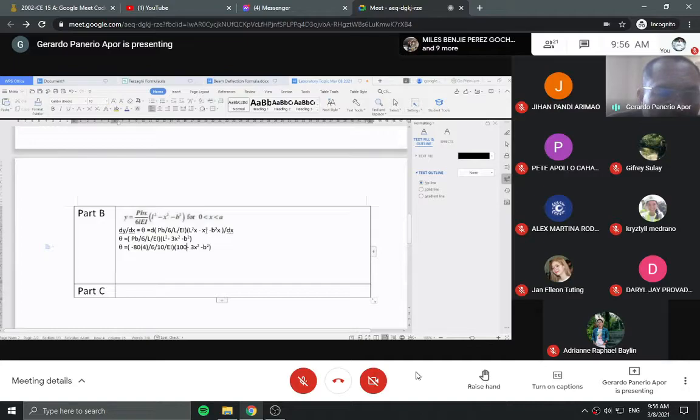X equals 5, so 3 times 25. 3 times 25 is practically 75. Then b squared is still 16 because b is 4 and the square of 4 is 16. So that's it. So we can have theta here. We just copy this.